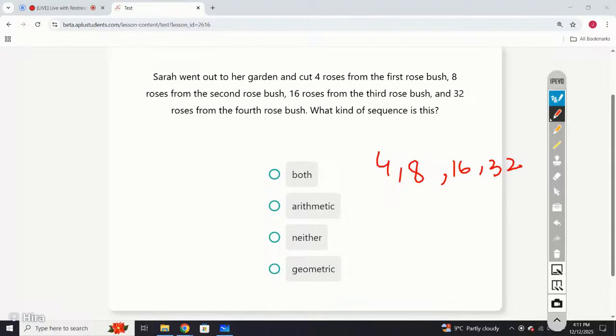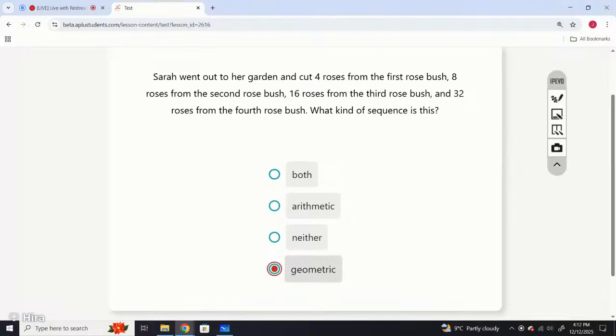So 4 times 2 is 8, 8 times 2 is 16, and 16 times 2 is 32. So that is the geometric sequence because we are multiplying with a constant multiplier.